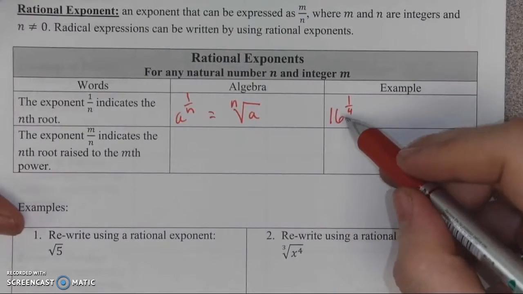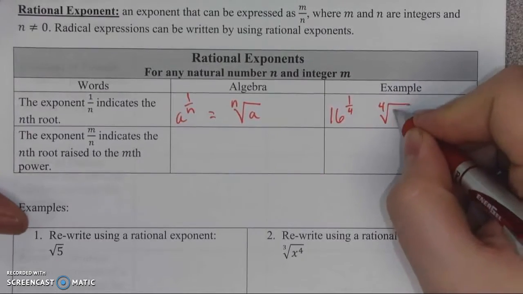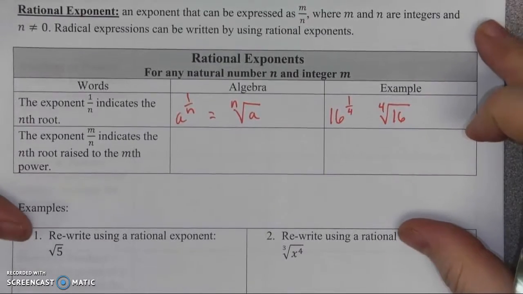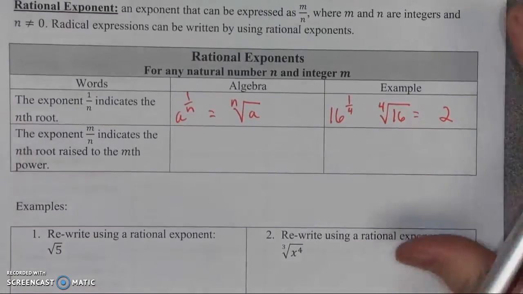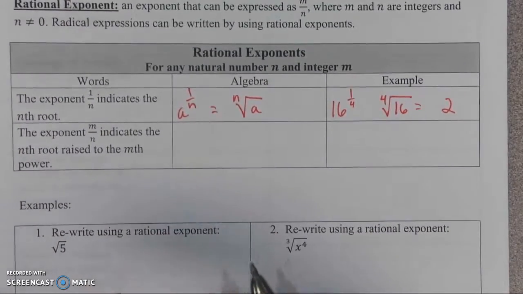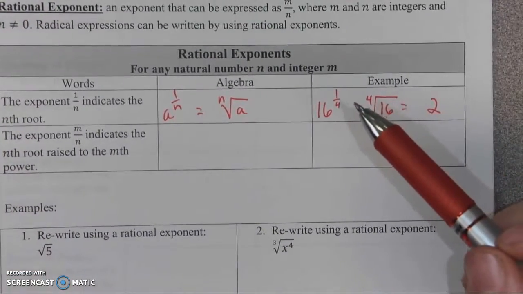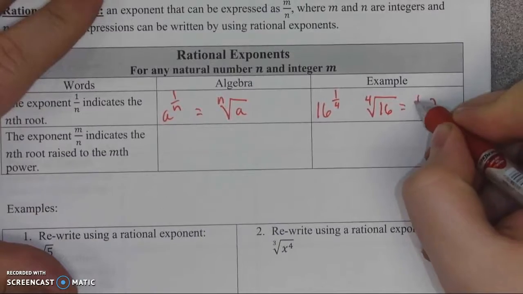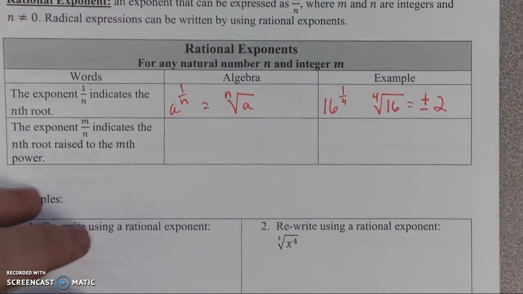The bottom number, the 4, is your index. So this will be the 4th root of 16, which is 2. But if you'll remember from the last section, since 4 is even, I should have plus or minus 2 as my roots.